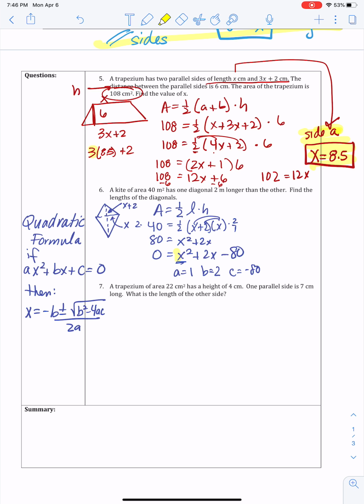And that comes from the coefficients that are right here. So then, when we substitute it in, negative 2 plus or minus the square root of 2 squared minus 4 times 1 times negative 80 all over 2 times 1. That's what a is.